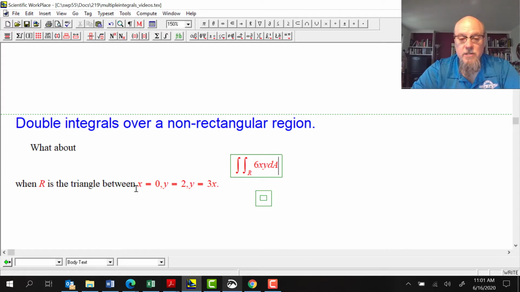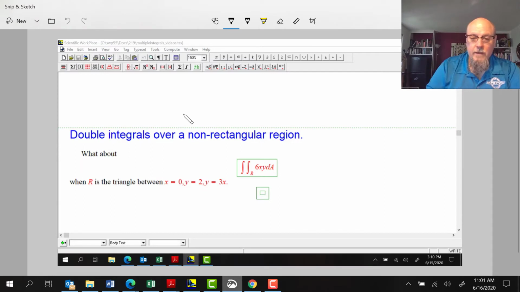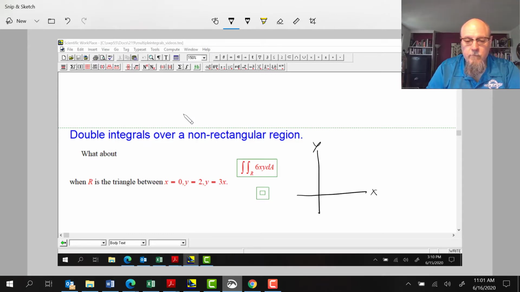It's a triangular region between, so let's draw this. Let's draw it over here. Between x equals 0, y equals 2, and y equals 3x.